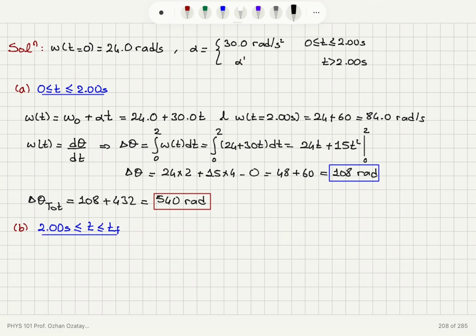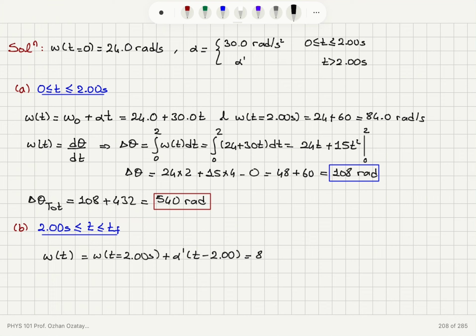We have omega as a function of t given by its value at t equals 2 seconds plus alpha prime times t minus 2. So we know its value at t equals 2 seconds is 84 radians per second. That's what we calculated in part A.